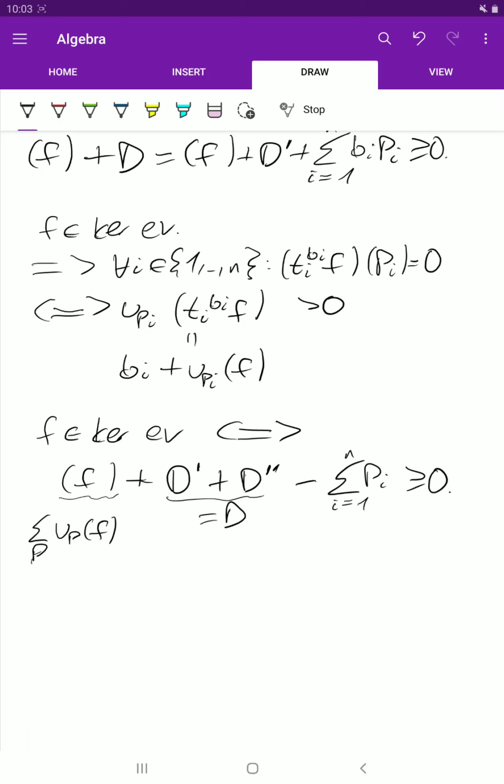And now we see that it's in the kernel if and only if this is at least 0 because of this equation here.